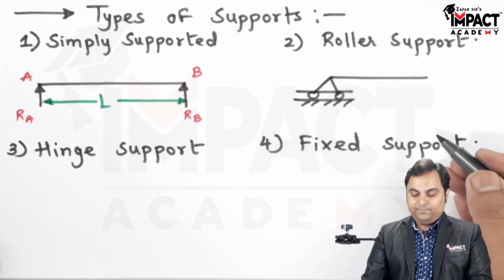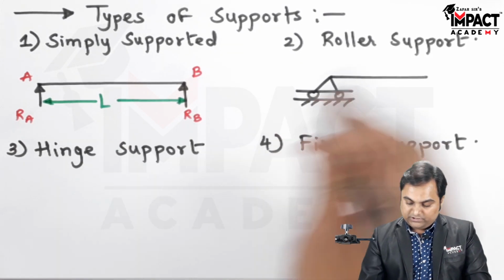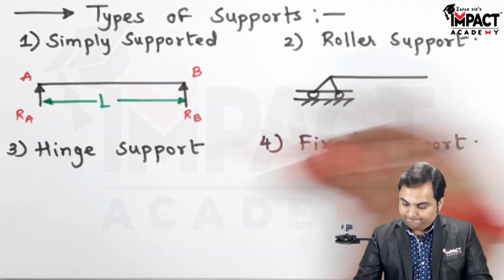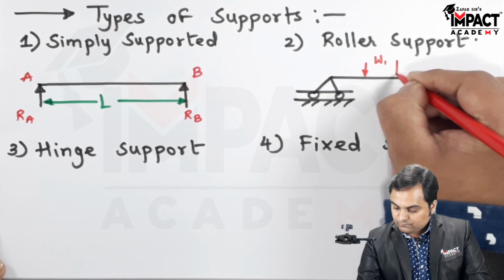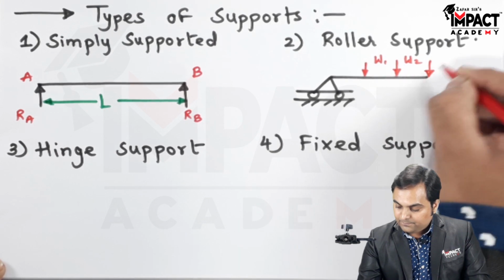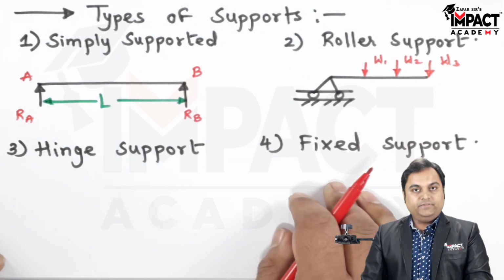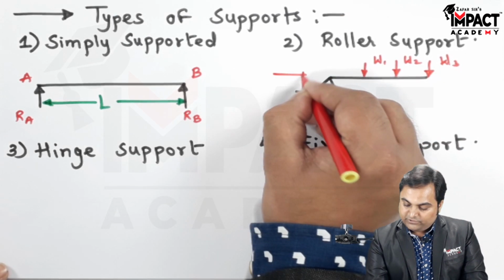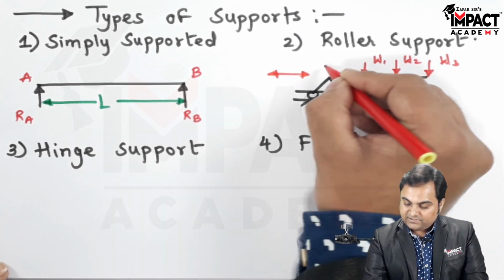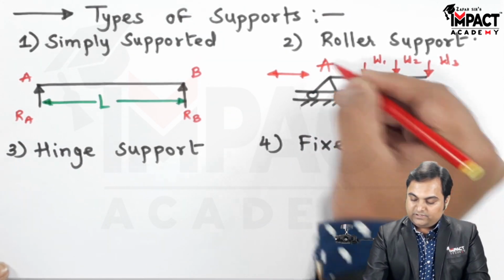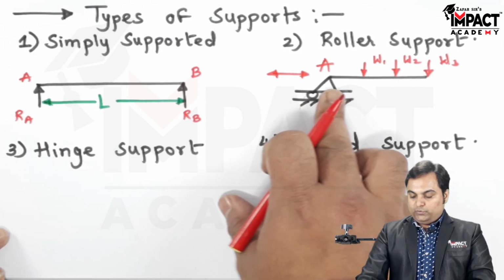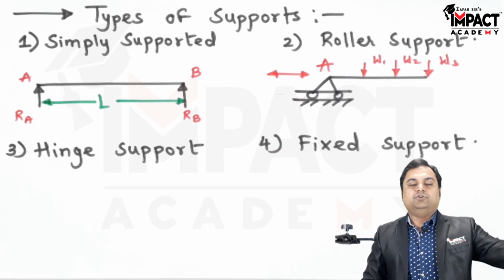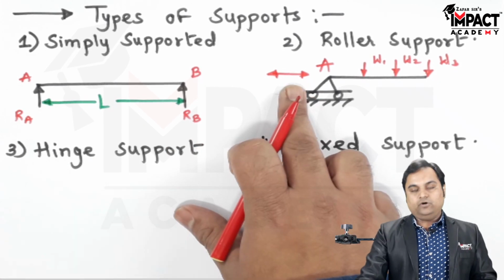Here we have a beam which is supported on rollers, and then there are loads acting on this beam. Due to the roller being present here, the beam would try to move in the horizontal direction. I'll say this is point A, that is where it is roller supported. When it moves in the horizontal direction, it means there is no resistance to the horizontal movement, so there won't be a horizontal reaction.